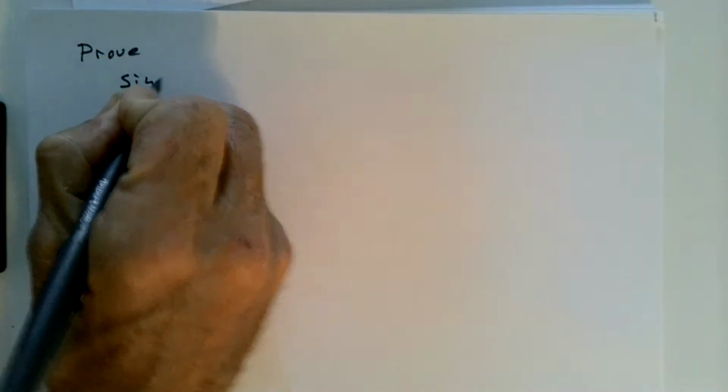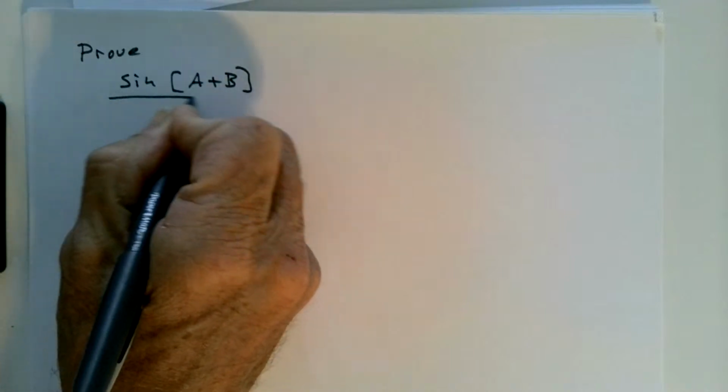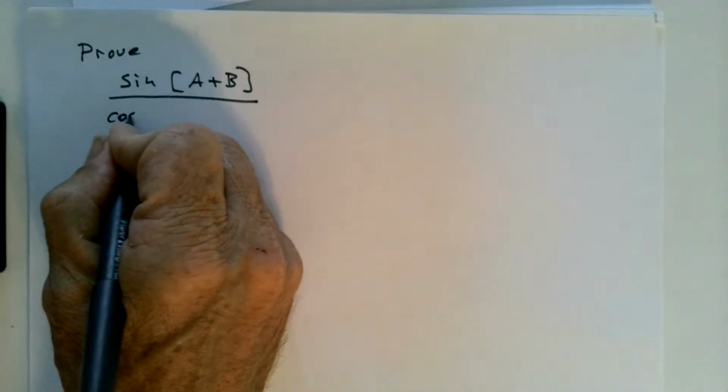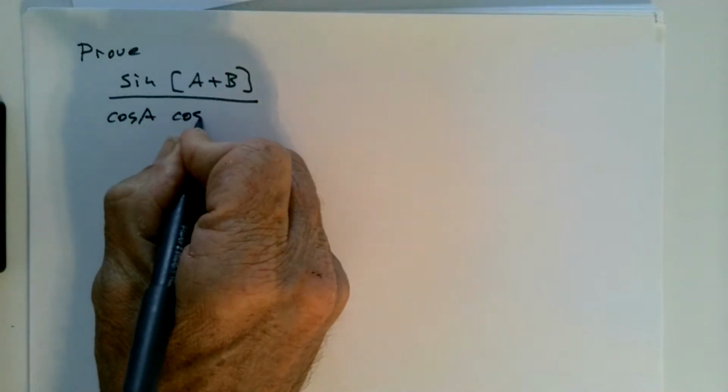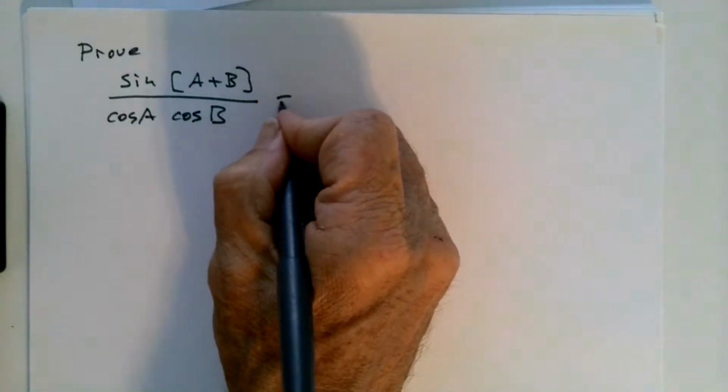All right, let's do an identity. Let's try this one. So we'll take sine of A plus B over cos A cos B equals tangent A plus tangent B, prove.